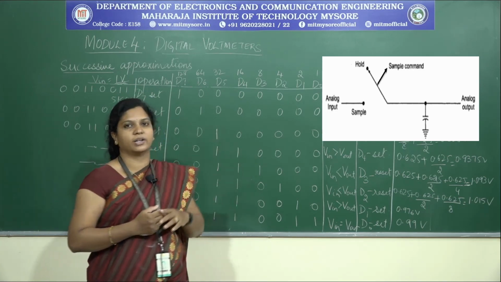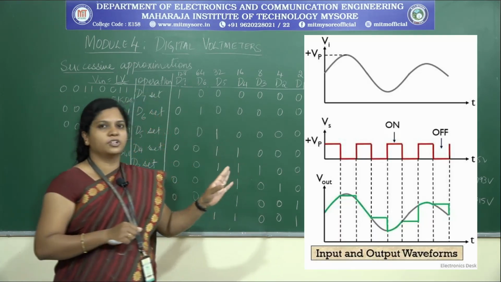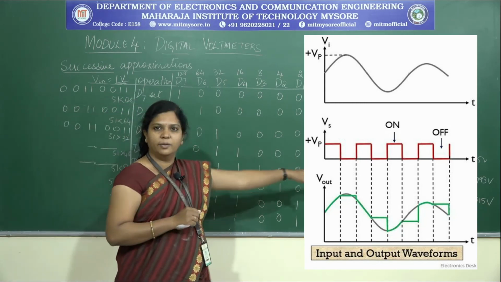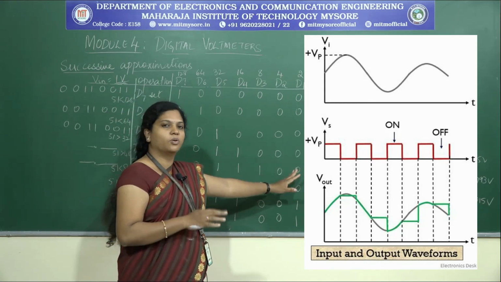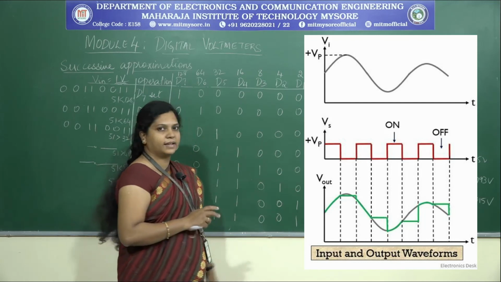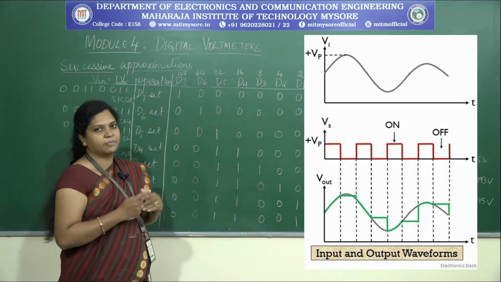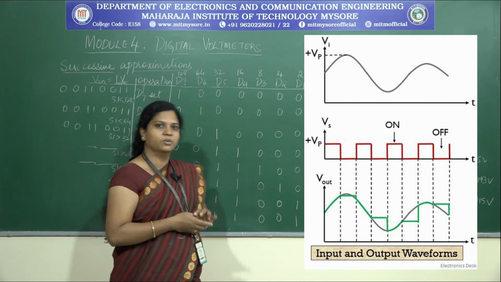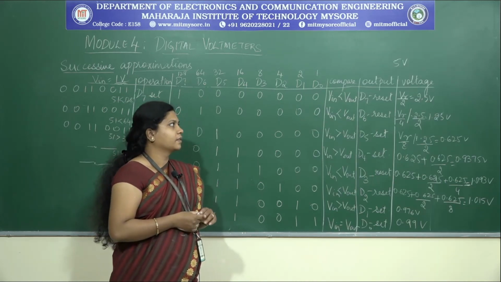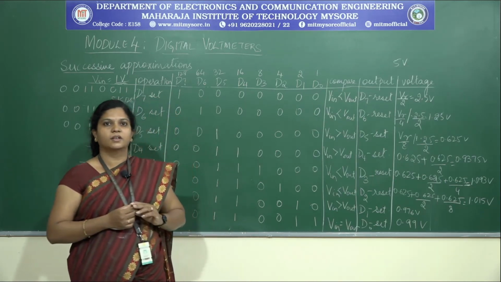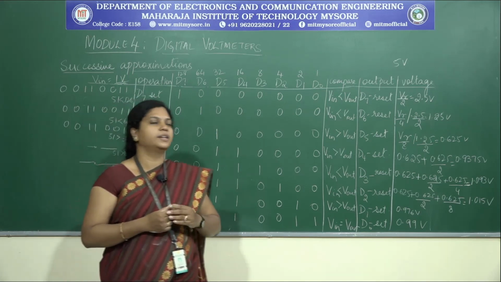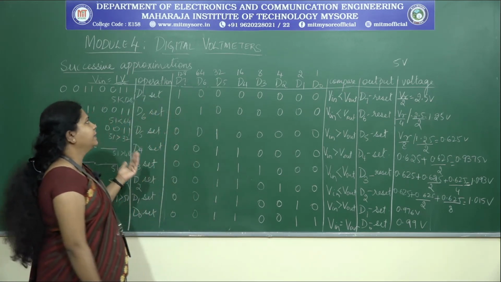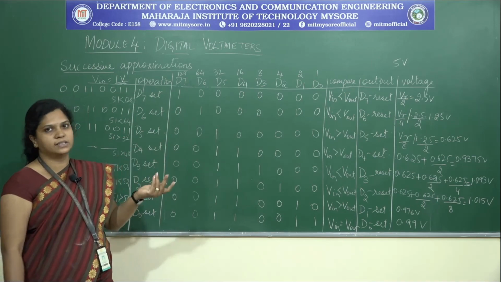The capacitor discharges. So the actual conversion that is taking place is in the hold mode. When you keep the circuit in the hold mode, this operation is carried out by making use of a sample and hold circuit. So these are the different types of digital voltmeters which we have for our syllabus.